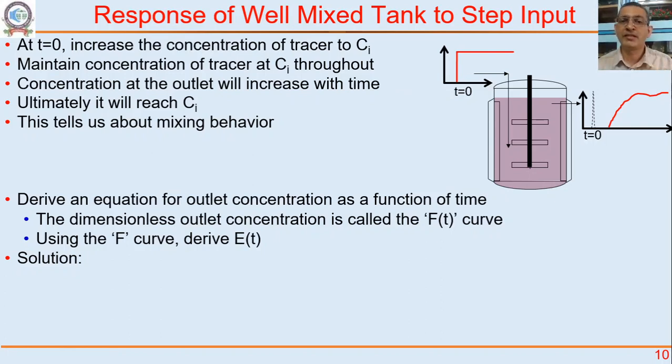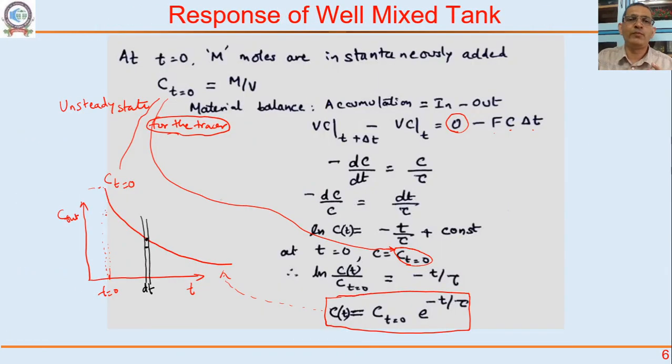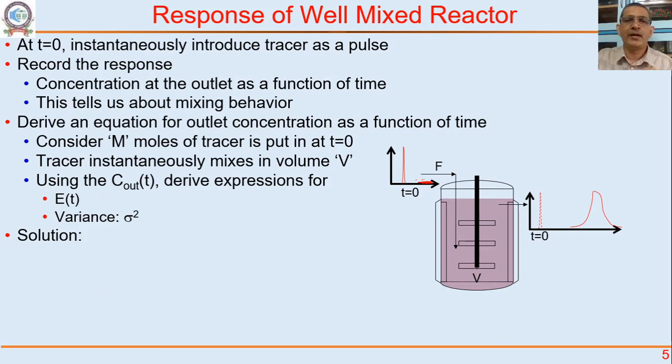That's why we want to see mixing behavior, that is, its dynamics with respect to how it is getting mixed. So one way of doing dynamics is to put a pulse, which means we put all the tracer at one point of time. We call that a pulse of tracer. One shot, you put all the tracer.